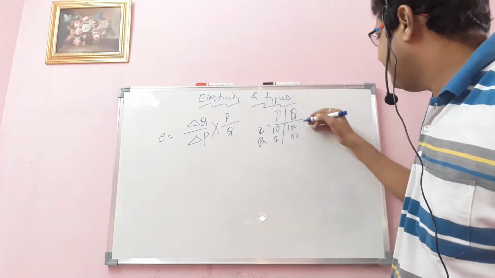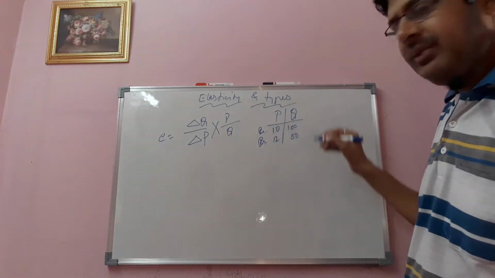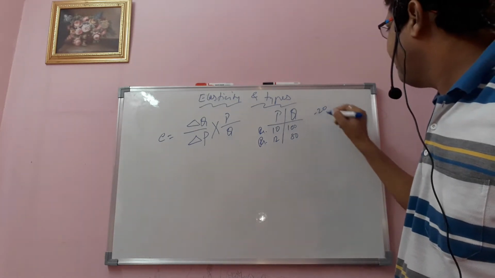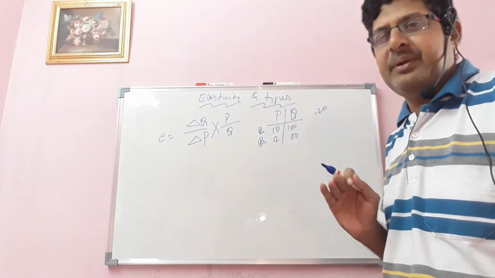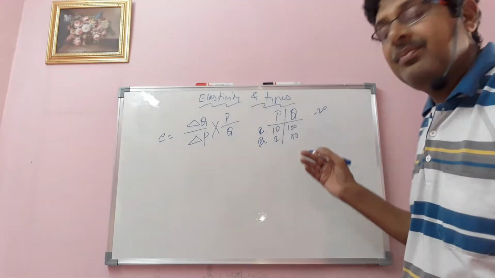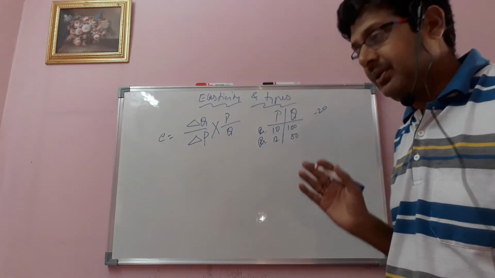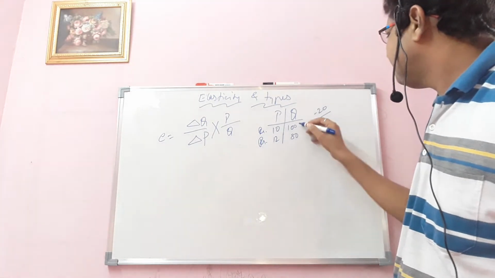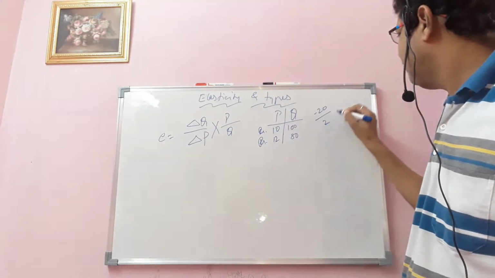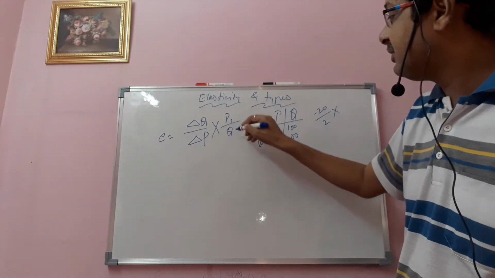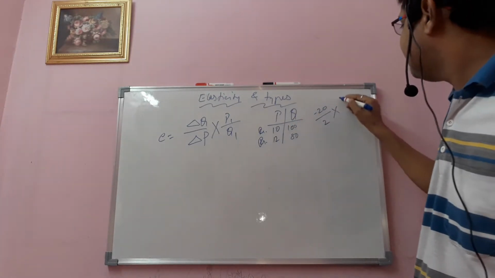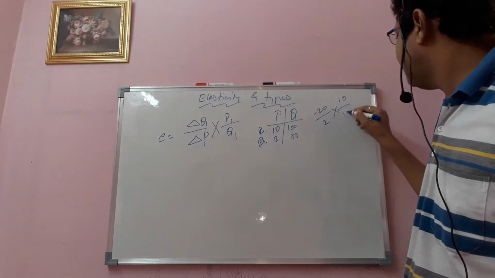Change in quantity, delta Q, from 100 to 80, is minus 20. You have to remember that for the sake of convenience we ignore the minus sign while calculating price elasticity of demand only. Divided by change in price, which is 2, into, it is also called the first price first quantity method. First price is 10 and first quantity is 100.